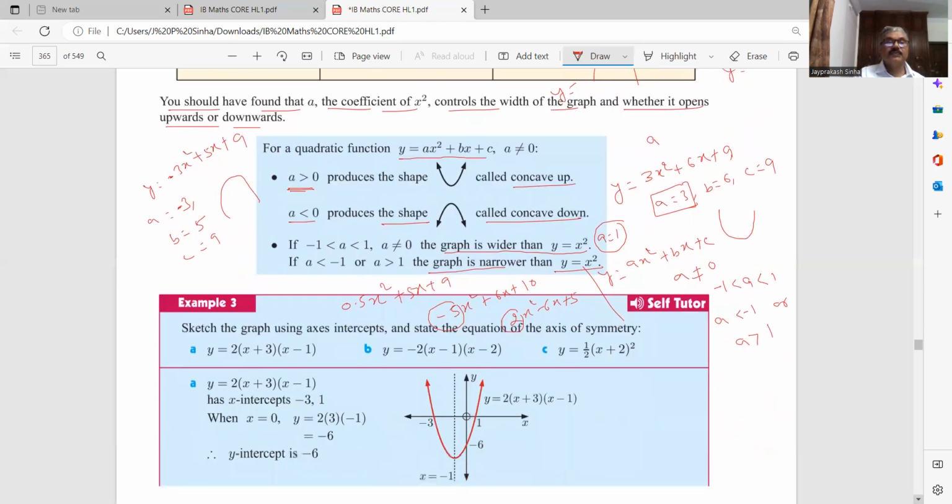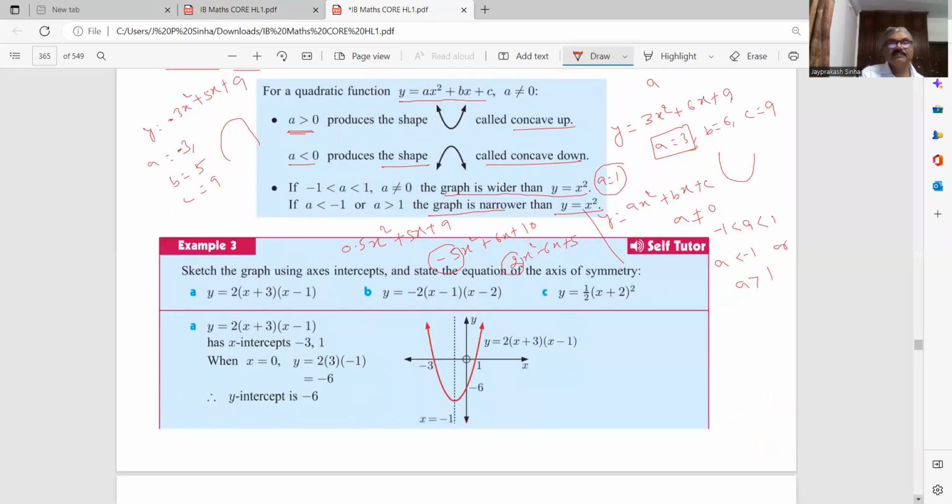Okay. So first of all, there are few questions. See, just we'll see what will be the shape of the graph. Let me erase and make some space.